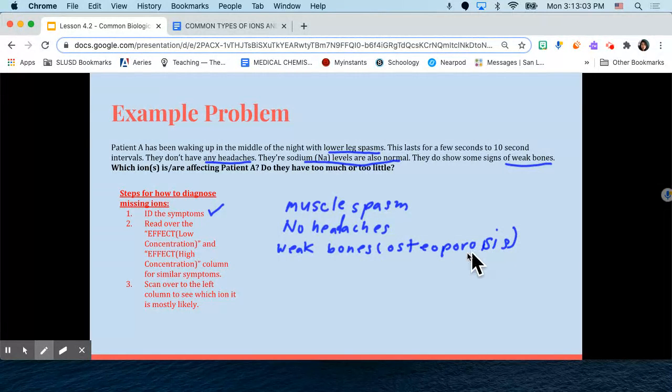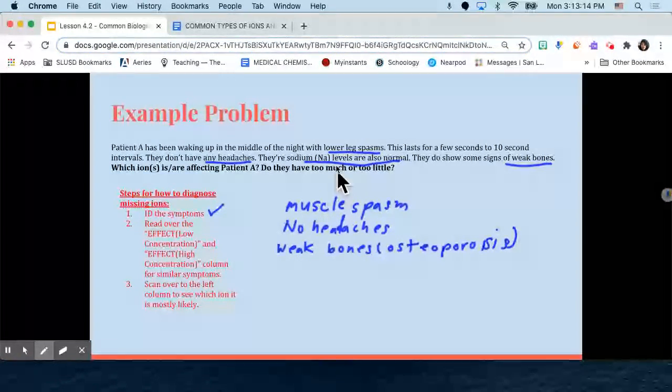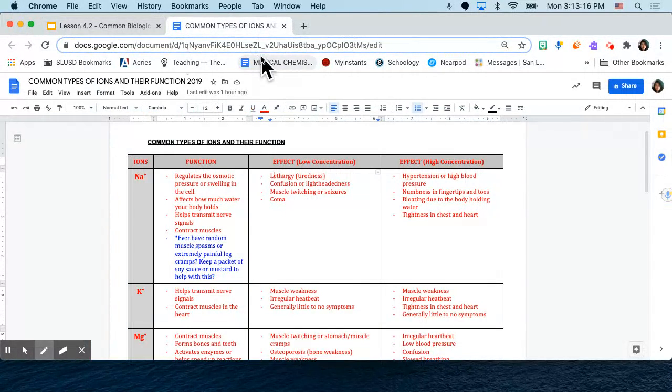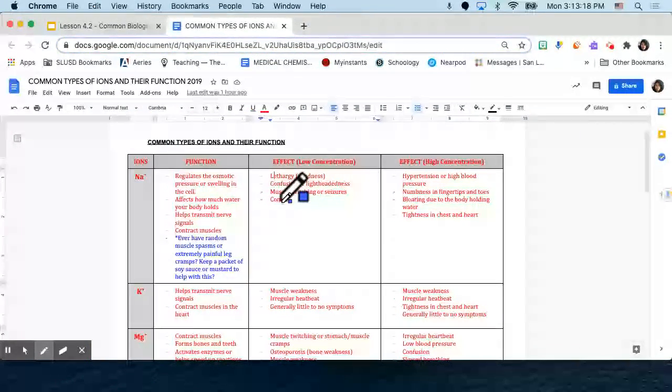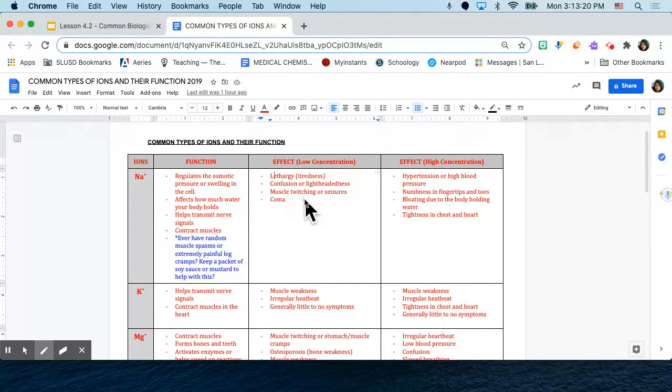So now that I have my symptoms, I'm basically just going to read over the effects, low concentration and high concentration, and look for which have muscle spasms and weak bones or osteoporosis. As I'm reading through, this one has muscle twitching, but this one is sodium, or Na.